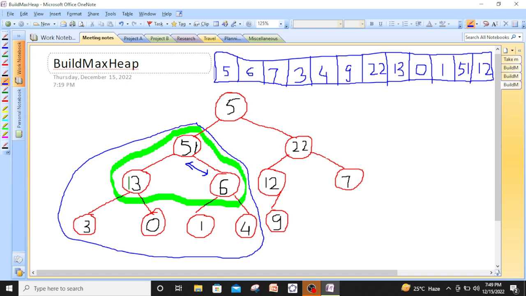So I go for the next node, the last node, that is 5. So see the last node, that is 5.